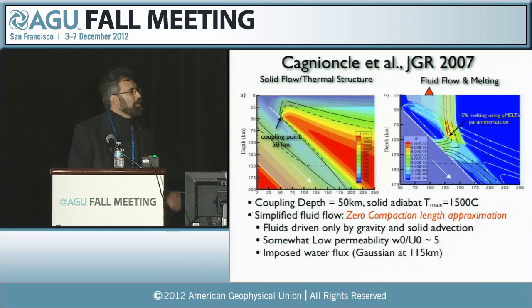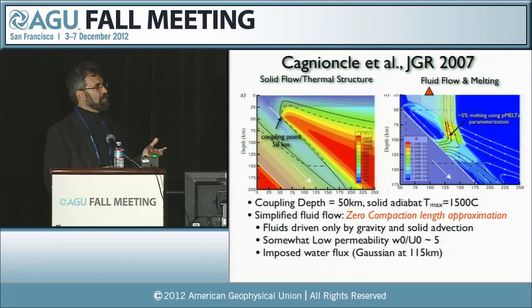So I should say, we've actually done some, we're getting better at this. This is probably the best version of this problem so far. This is Cagnon, at least published, 2007. And what they did is, again, they took one of these kinematic thermal models with a temperature-dependent viscosity. They put the coupling point here at 50 kilometers.